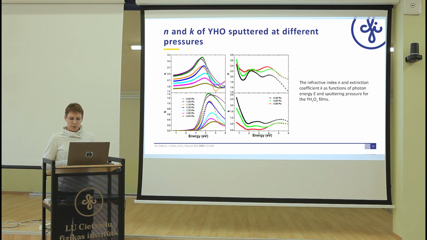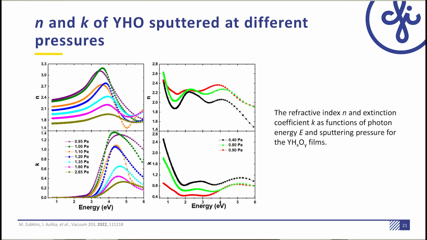And as the pressure increases, the film transitions through semiconducting behavior and eventually becomes dielectric, which can be seen in these refractive index and extinction coefficient curves typical for semiconducting or insulating materials. So this illustrates how sputtering pressure directly influences the material's optical and electronic properties.